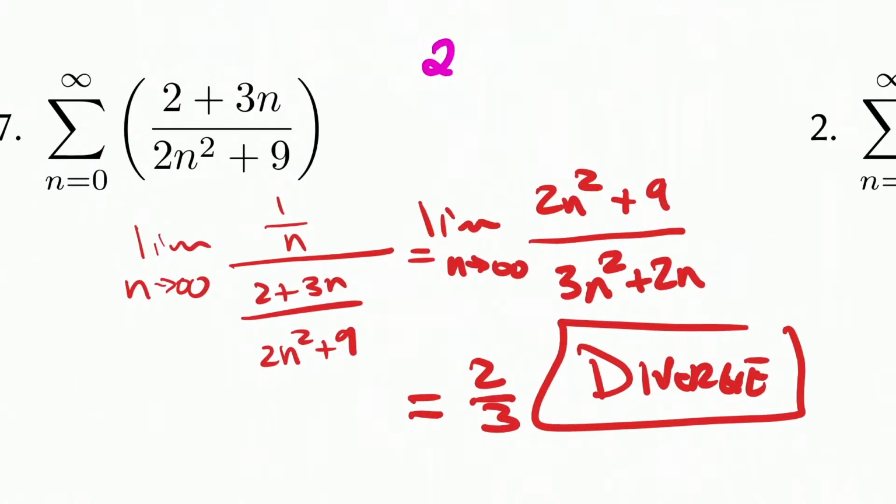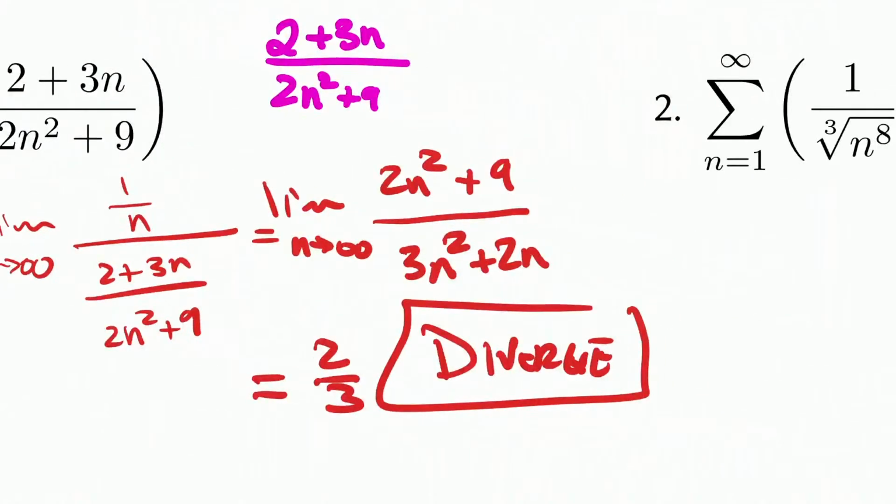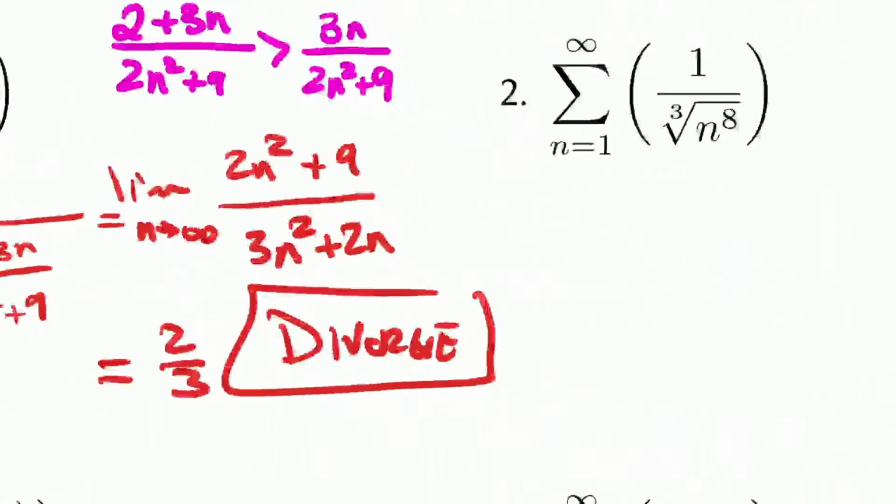So 2 plus 3n over, so this is the alternate version. That happens to be bigger than this, and that happens to be bigger than this. Sorry, that's an n squared.